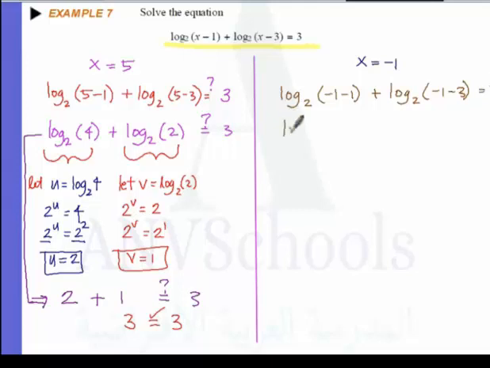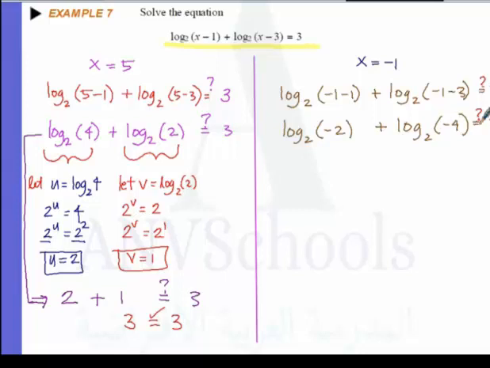You could see that we get some form of negative numbers. So log 2 of -2 plus log 2 of -4. Is it equal to 3? So that's the question. Are the values on the left equal to the value on the right? Now let's take your calculator.